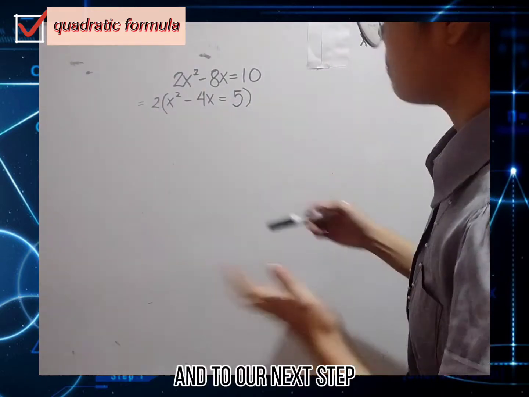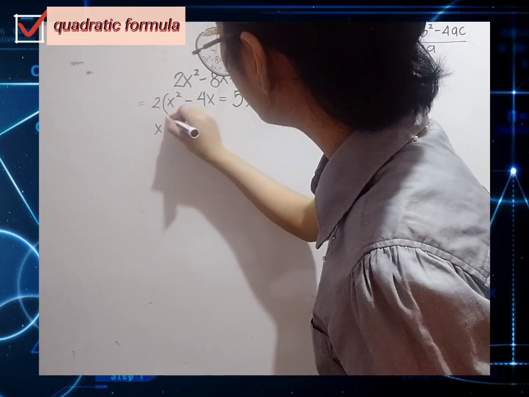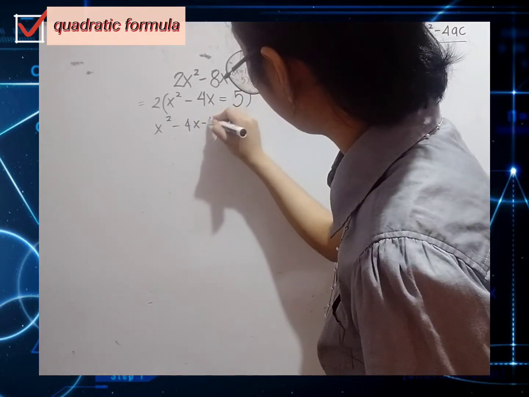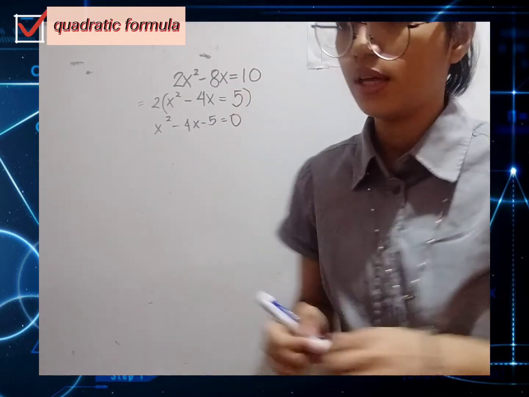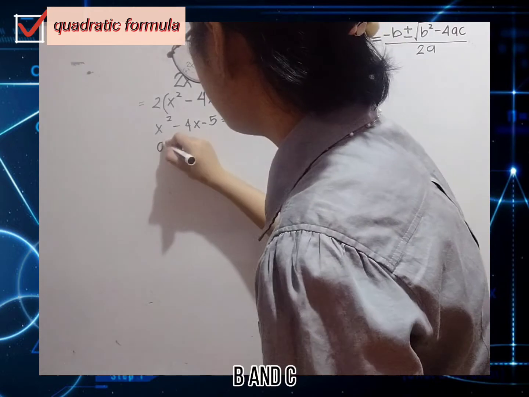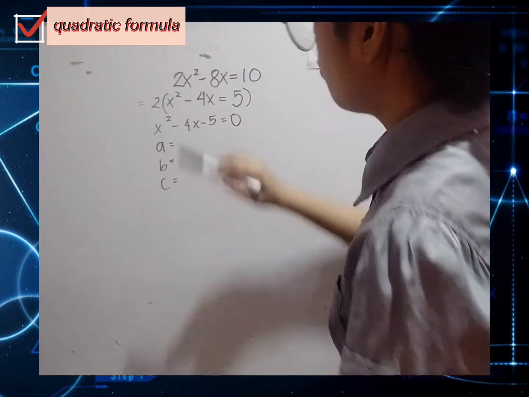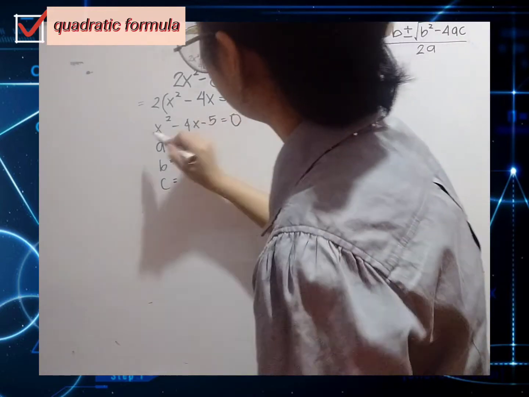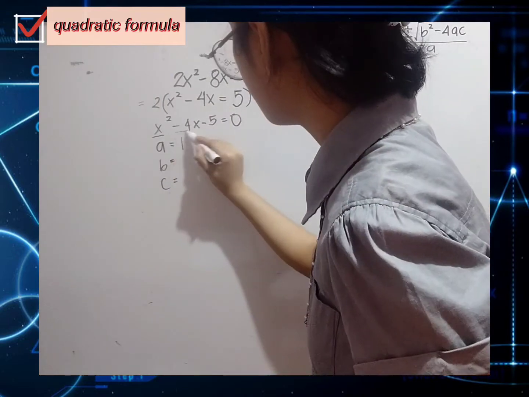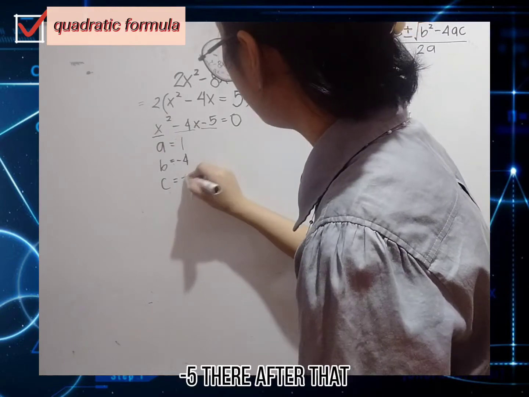For our next step, we transpose this positive 5, and this will become x squared minus 4x minus 5 equals 0. Next step is to identify the values of a, b, and c. What's the value of a? It's only 1, since it's just x squared. The value of b is negative 4, and the value of c is negative 5.